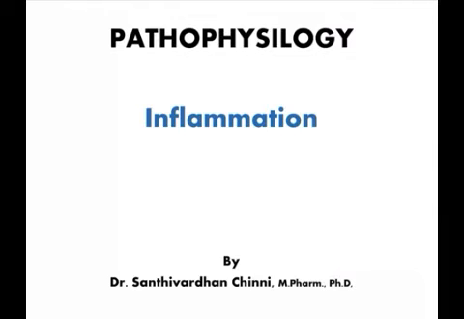So, in order to protect the body and remove such kind of things from our body, inflammation is going to take up a protective response and eliminate such kind of material such as antigens from our body through certain processes, right?